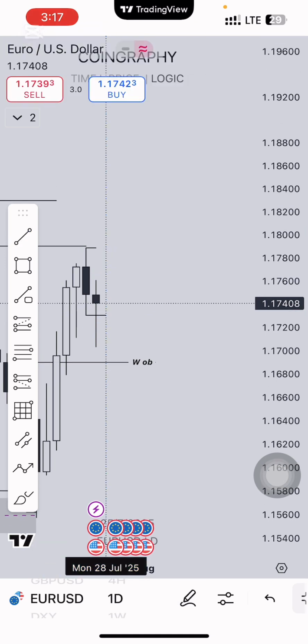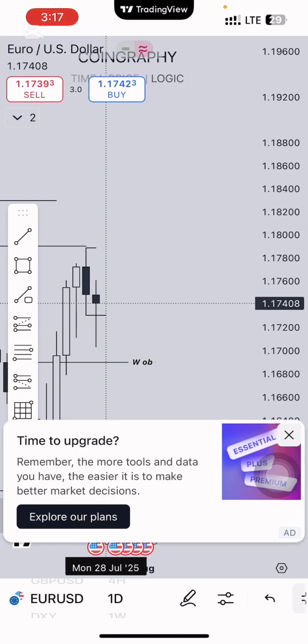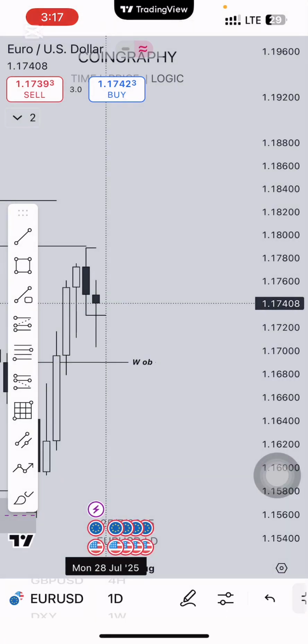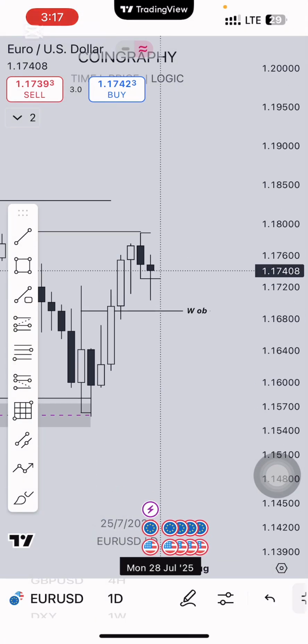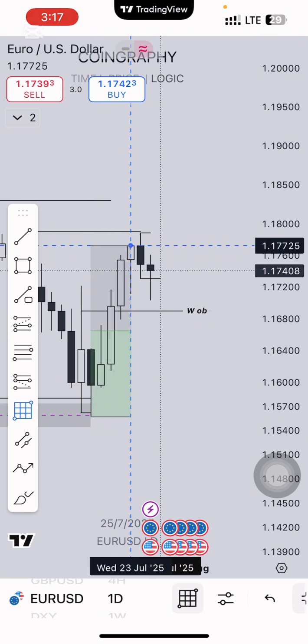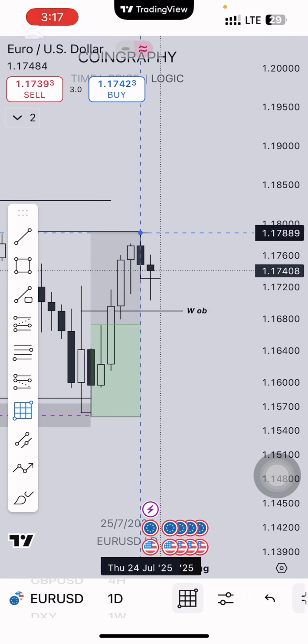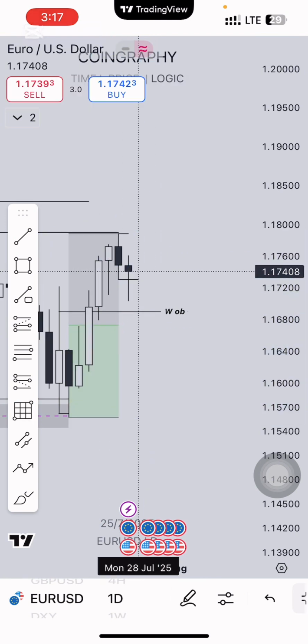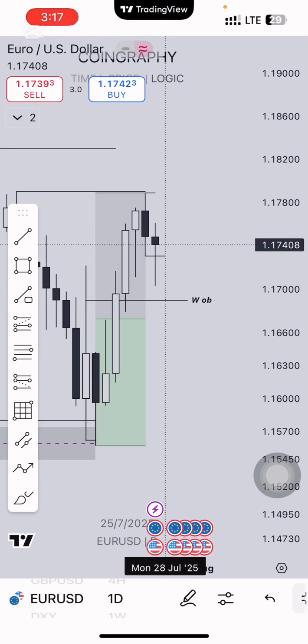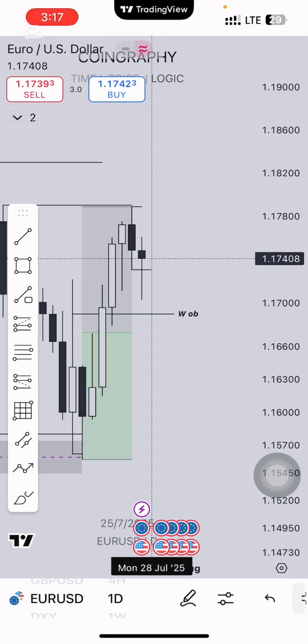Why is this a CRT? Because we closed inside of the range. And don't forget, we have price still reacting from the premium of the range. So I am still looking at this.